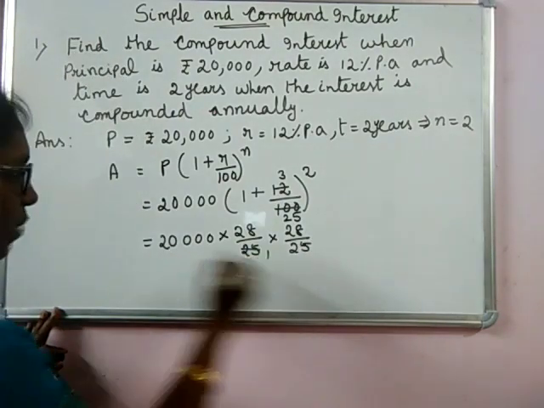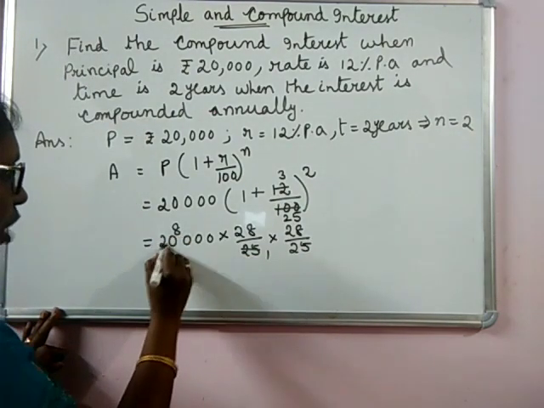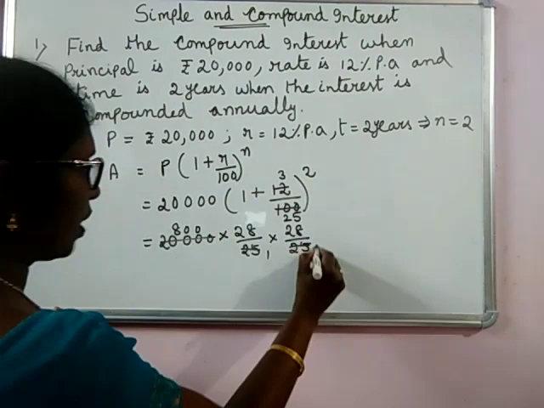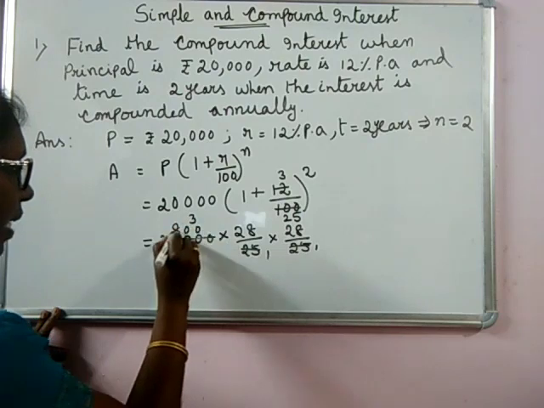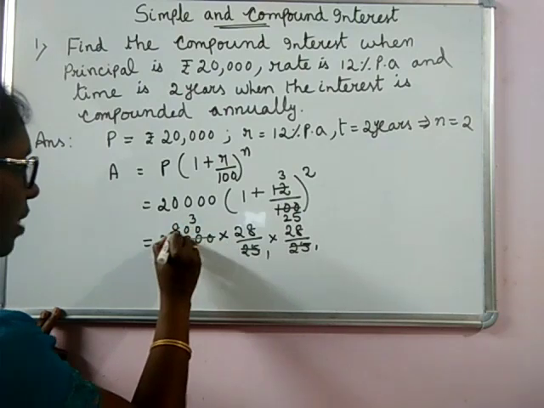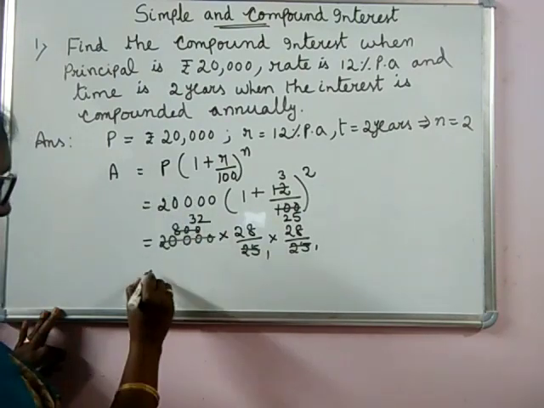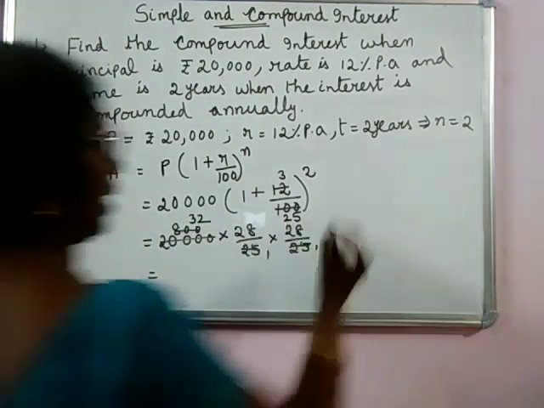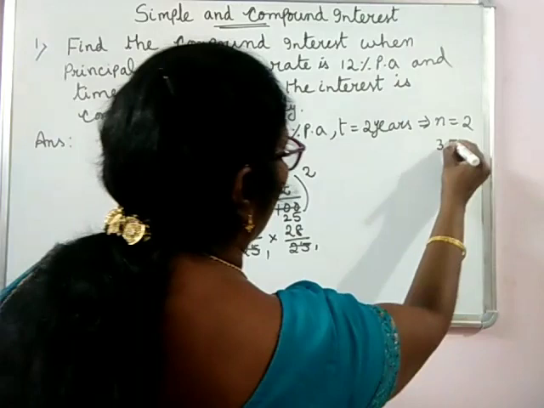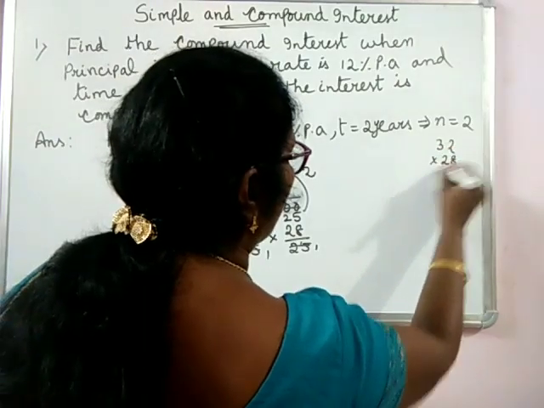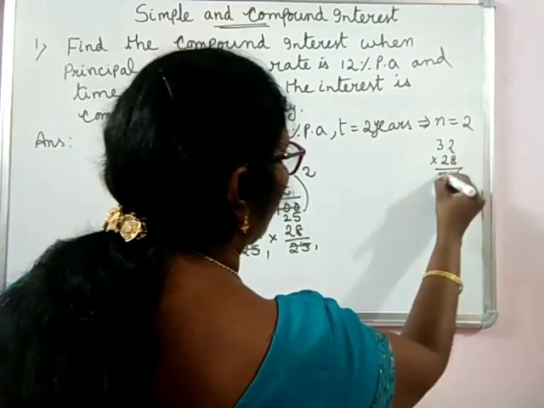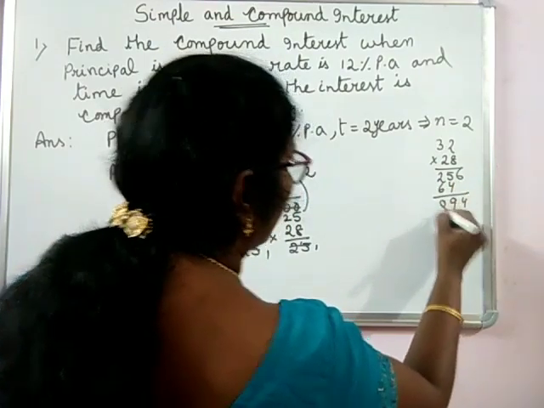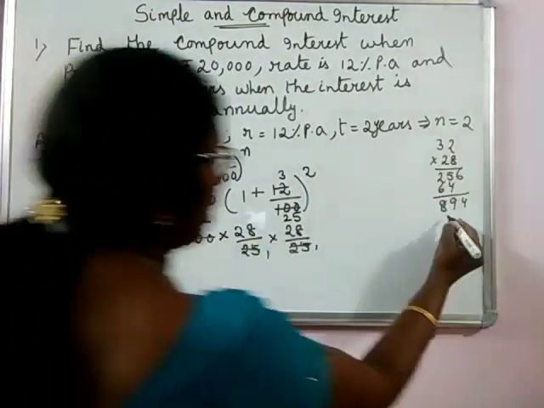Here see, 25 1 ja, 25 8 ja 200. Then 2 zeros. Again 25 1 ja, 25 3s are 75. 5 0 is 25 2s are 50. So now let us multiply 32, 28 and 28. Okay? 32 into 28. 32 into 28 I did this.